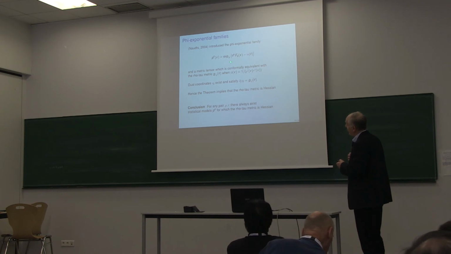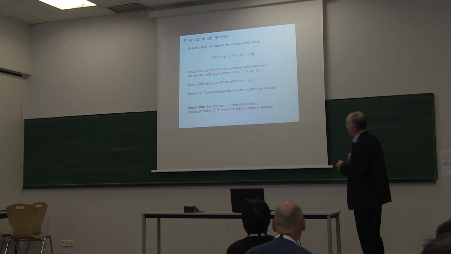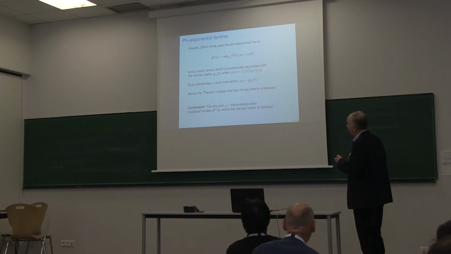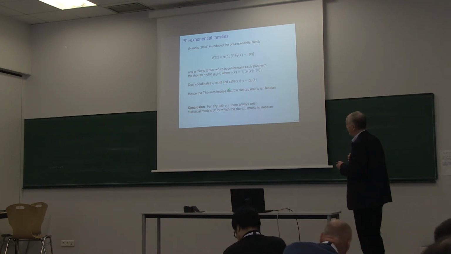And the result here is that the rho tau metric, which I introduced in 2004, is essentially the same as the rho tau metric, provided that the function phi used in the definition of the phi exponential family is exactly that 1 over rho prime tau prime which we saw before. And also for that kind of model always dual coordinates exist, and in particular then the theorem says that the metric is a Hessian one.